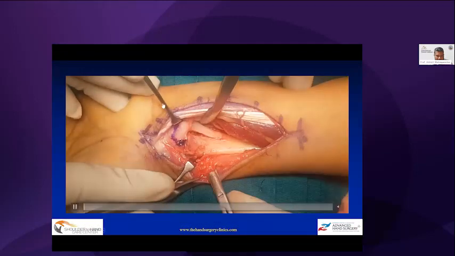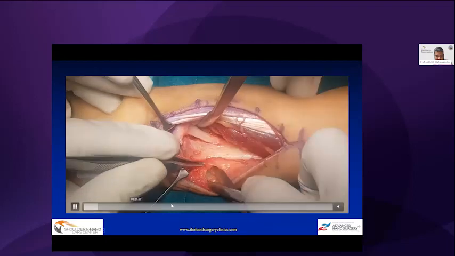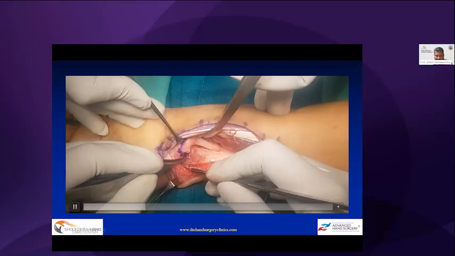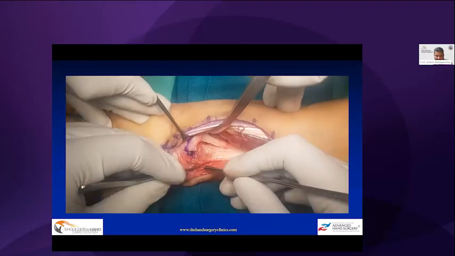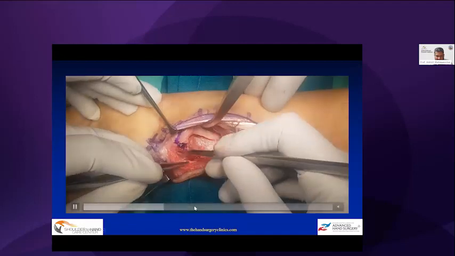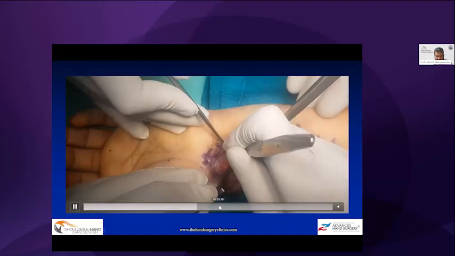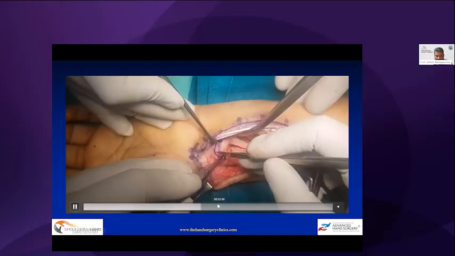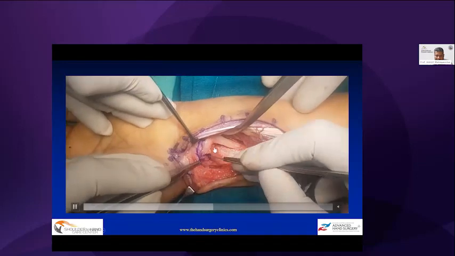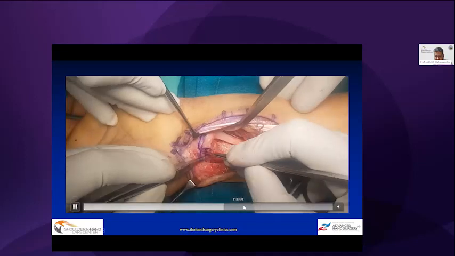Here is a video wherein you can see the importance of releasing the brachioradialis. This is a fracture wherein the radial styloid fragment was not being reduced. You can see the deforming forces of the brachioradialis onto the fragment there. And then as you dissect and as you elevate the tissue, this is the flap being elevated all the way from radial to ulnar, while we are preserving the distal insertion of the radiocarpal ligaments.